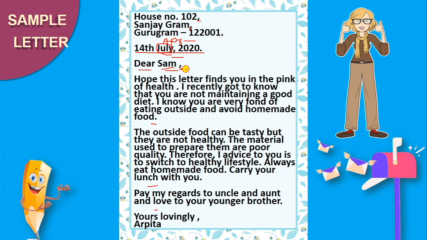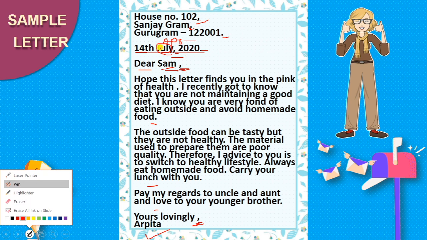Don't forget this comma. And in the end you will write Yours lovingly, comma, and your name, Arpit or Arpita. Don't forget this comma, this full stop, this comma, and comma. It's mandatory. You have to use it, otherwise marks will be deducted. This is April. On the last page it was April. I forgot to write it here.